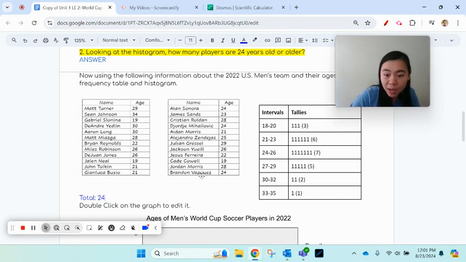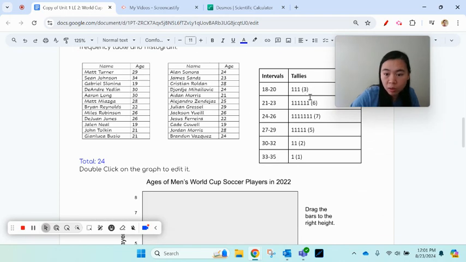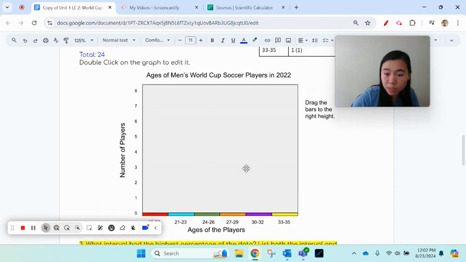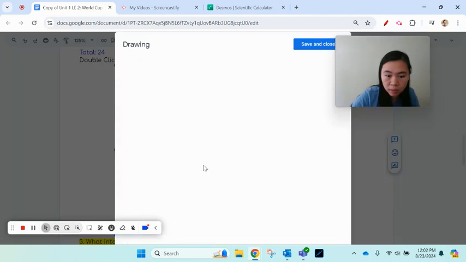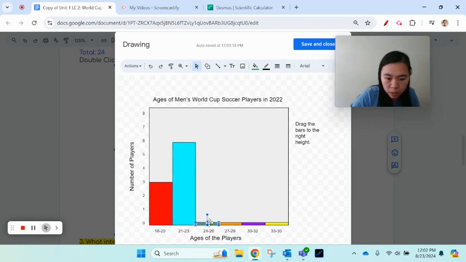Okay, so now we're going to make our histogram just like we did with the women's. We already know our totals for each bin, so we're just going to drag the bins up to match our data. So we have 3, 6, and 7. Three players are between 18 and 20. 6 players are between 21 and 23. 7 players.